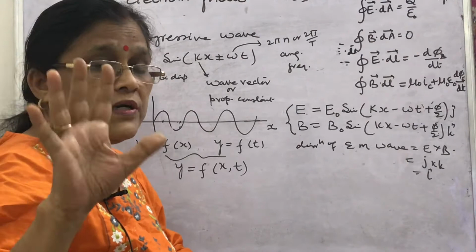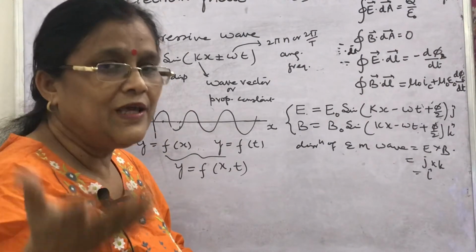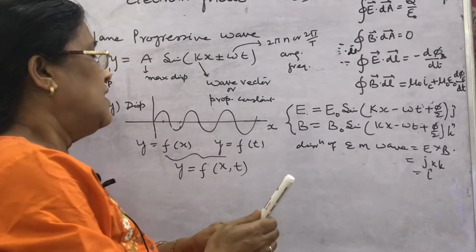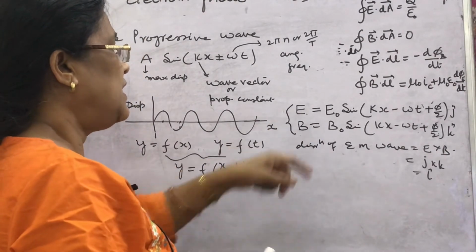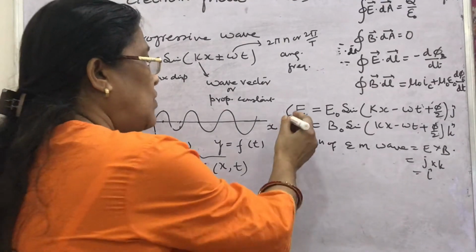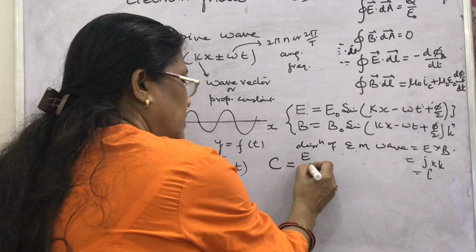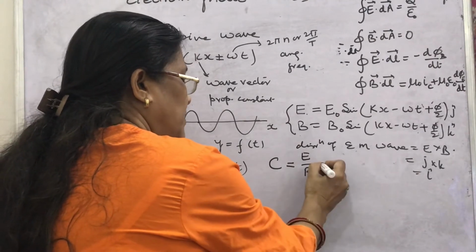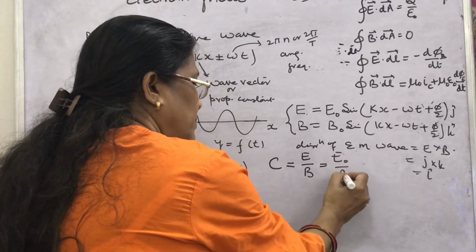Another important thing Maxwell proved is that the ratio of E and B, this is E and this is B, is the speed of EM waves. This is E by B, or you can say E naught upon B naught.